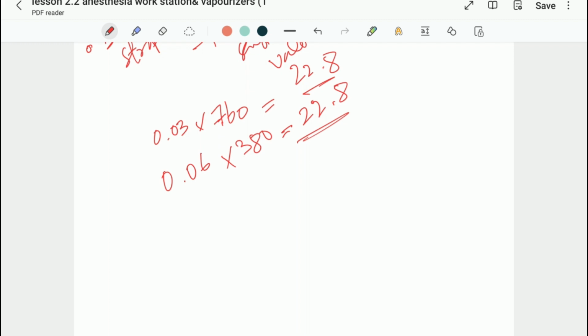The goal of the vaporizing chamber is to ensure that the carrier gas leaving it is 100% saturated with the anesthetic agent. Modern designs also use wicks to increase the surface area and baffles to lengthen the gas pathway. But at extremely high velocity, the gas moves through the chamber so rapidly that it does not have sufficient time to reach full equilibrium with the liquid agent. So it is not fully saturated.